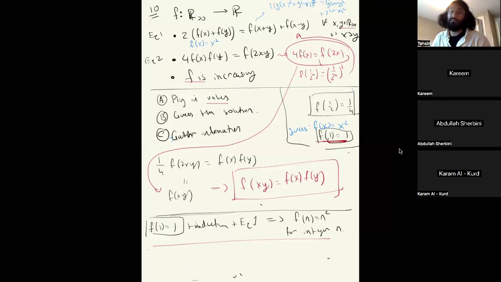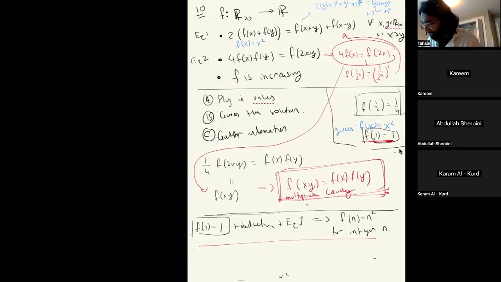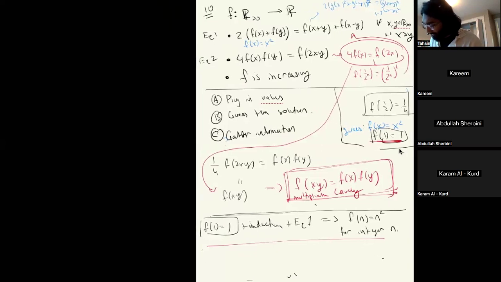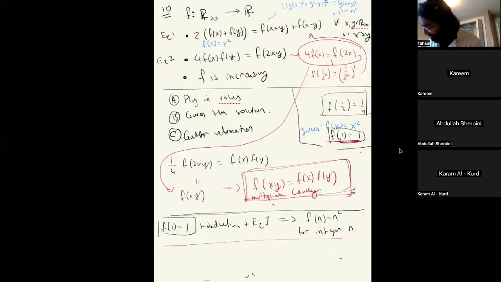But what is the point? Once you have this, maybe we could call it multiplicative Cauchy, you're actually done, right? Maybe I'll make a new page for this, but I think at this point we're done with the problem.